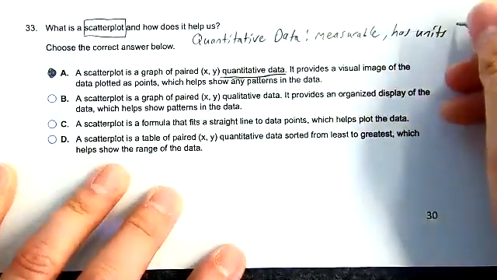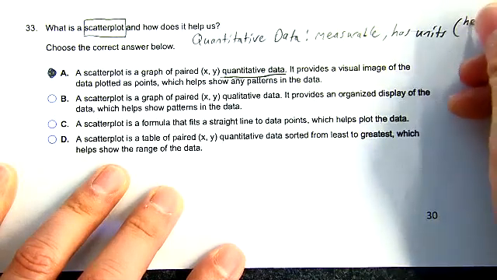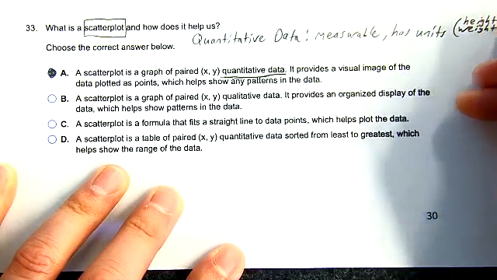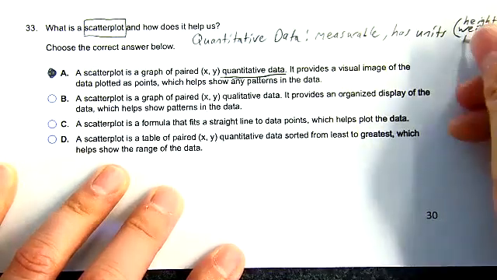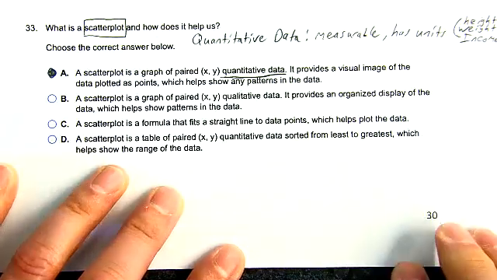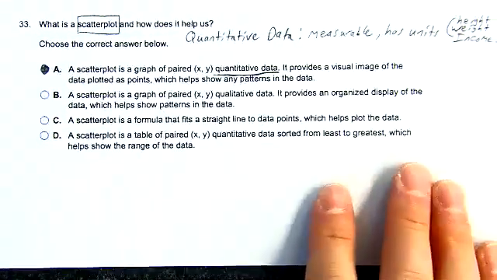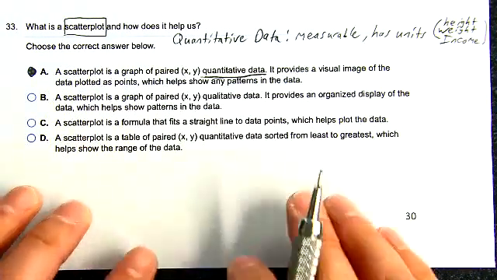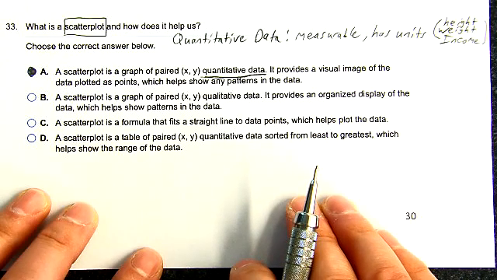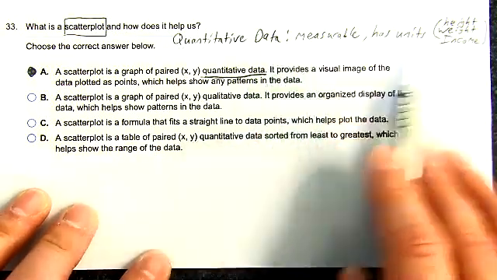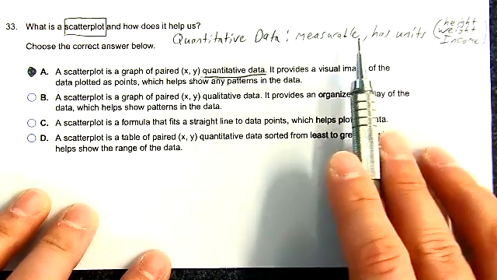So examples would be height, weight, we could say income, we can measure that with dollars, things like that. The other type of data that we will see in this class, this whole section is about quantitative data, so we're going to live in this world here where it's something that has units and we can measure it.